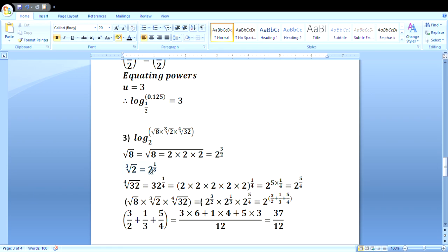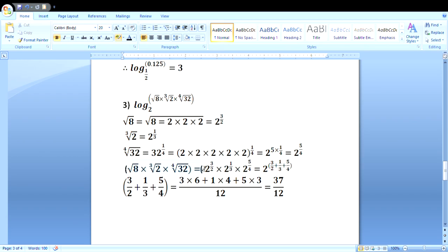Similarly, cube root of 2 is the same thing as 2 raised to power 1 over 3. And 32 can be expressed as 2 raised to power 5, which is 2 multiplying itself 5 times. Then multiplied by the power times half, the fourth root of 32 is equal to 2 raised to power 5 over 4.